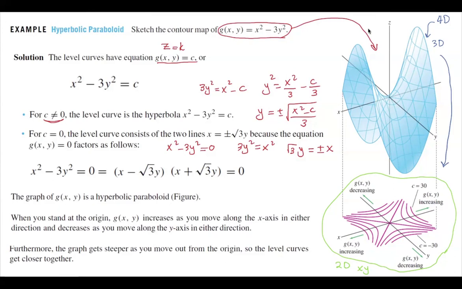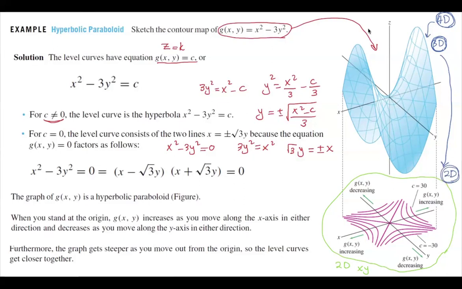You have hyperbola as well. So that depends on what we are dealing with. Again, 4-dimension to 3-dimension, and from 3-dimension to 2-dimension. These are the behavior of this object.